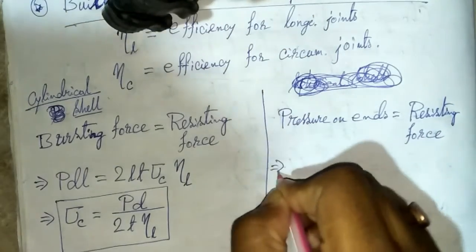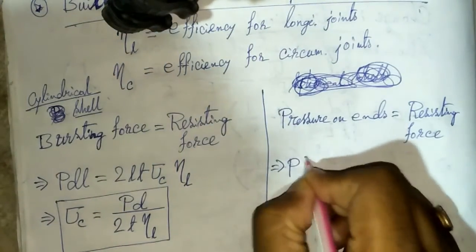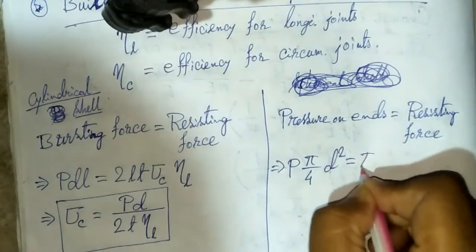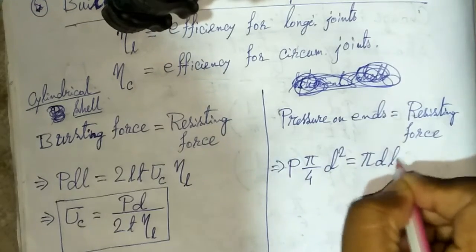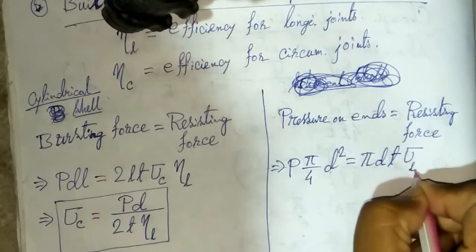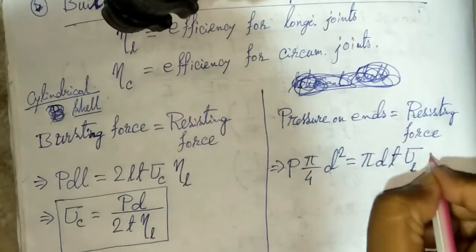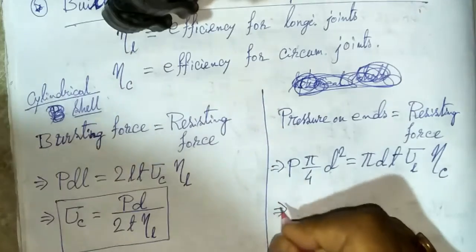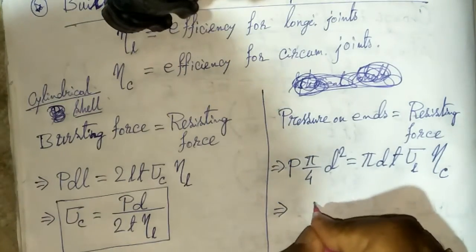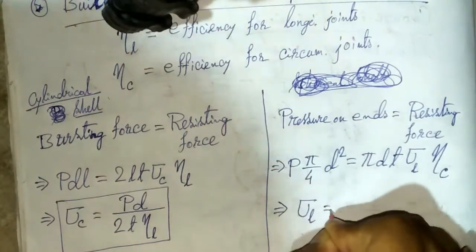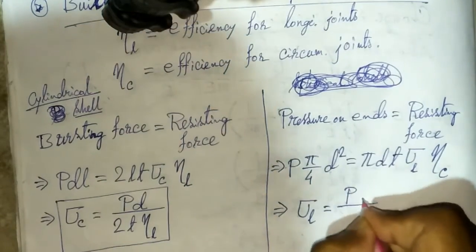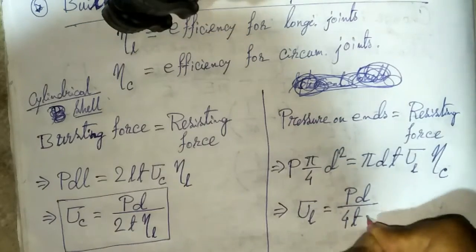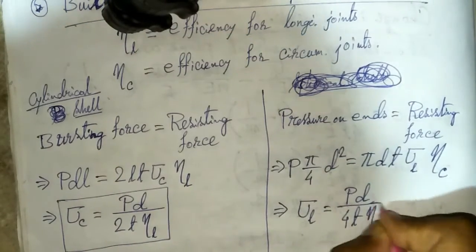So that becomes P into pi by 4 into d square is equal to pi d t sigma L, the longitudinal stress, into eta C, the efficiency of the circumferential joints. So the sigma L becomes PD by 4T into eta C.